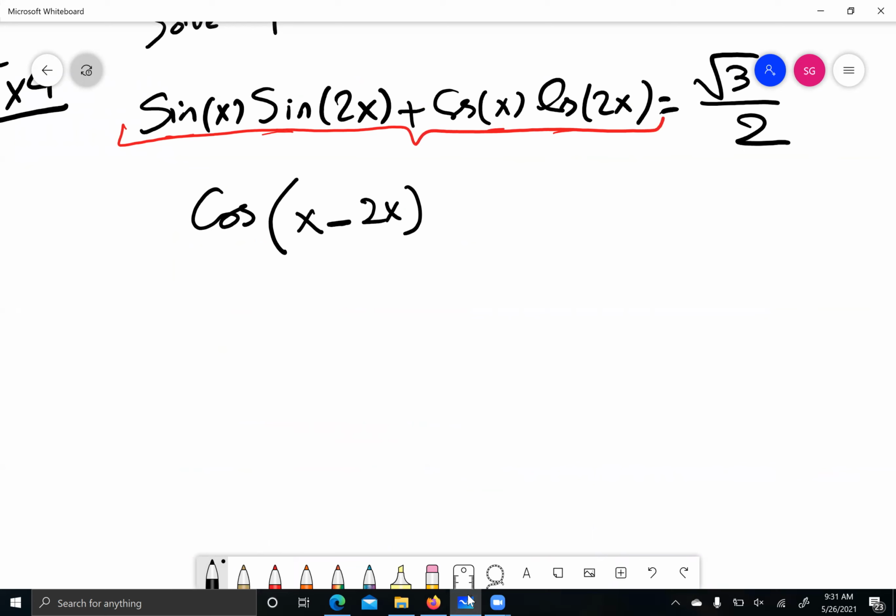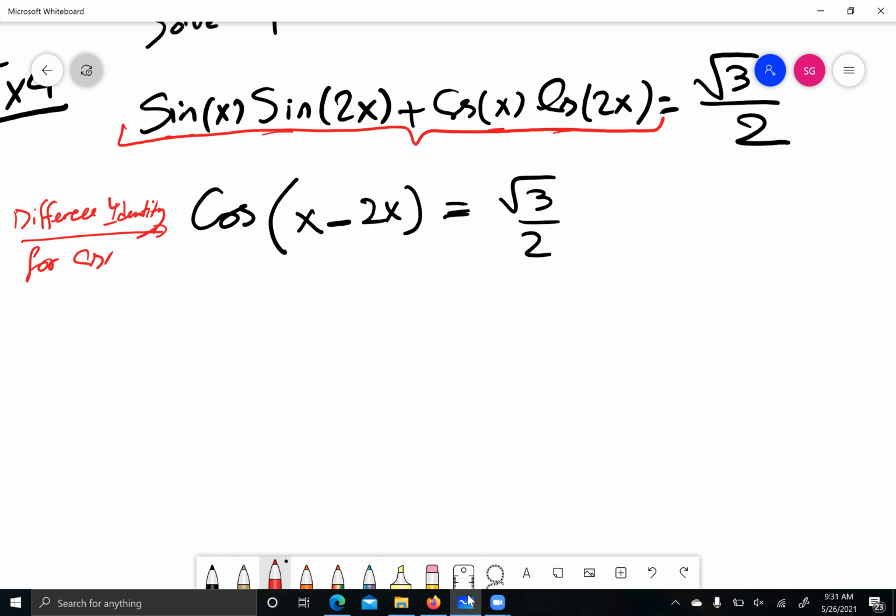So here we just apply the difference identity for cosine, because the difference identity for cosine says that the cosine of the difference of two angles, x minus 2x, can be expanded as the product of the sines of those two angles plus the product of the cosines of the two angles.